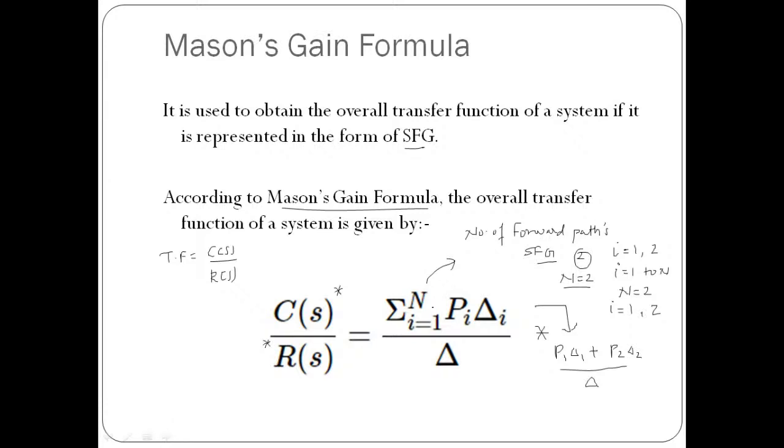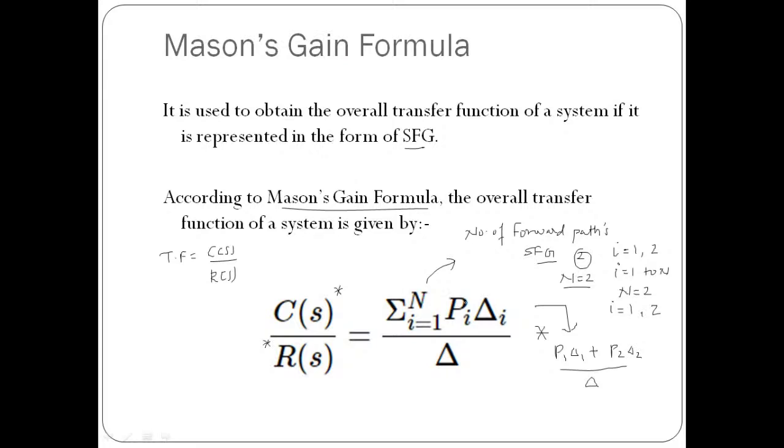For example, if a given system has only two forward paths, then the formula is P1 delta 1 plus P2 delta 2, whole divided by delta. In the same way, in some cases we may have three forward paths. We need to carefully identify how many forward paths there are in a given system, and once we identify that, it is very simple to redefine this formula.